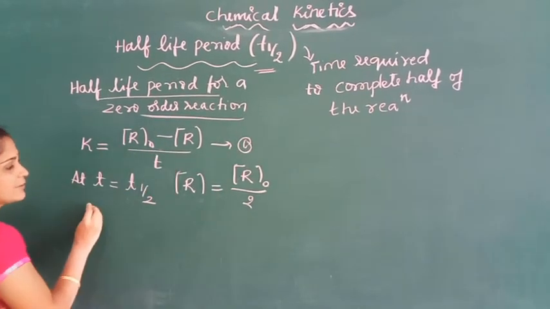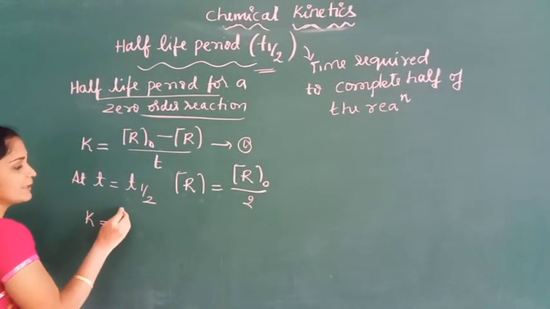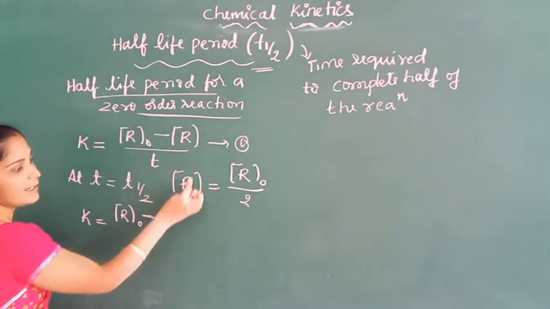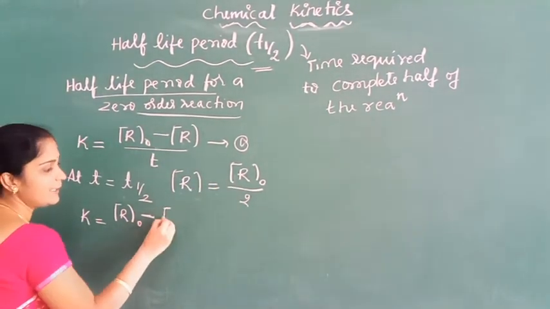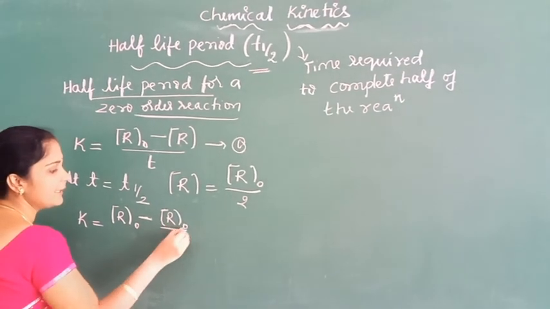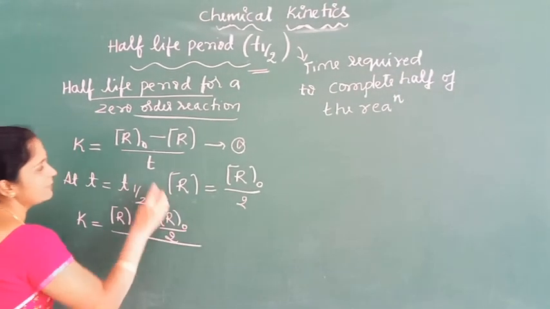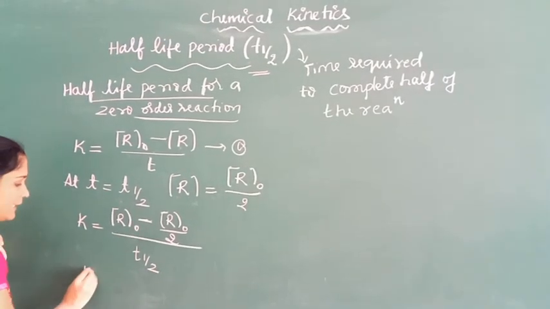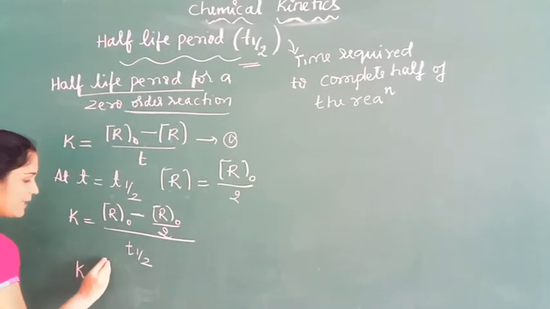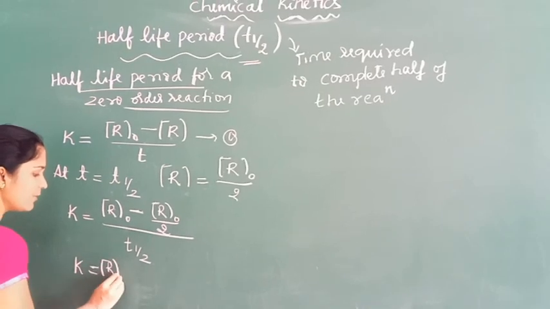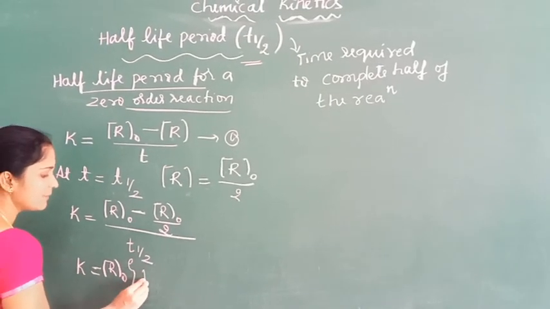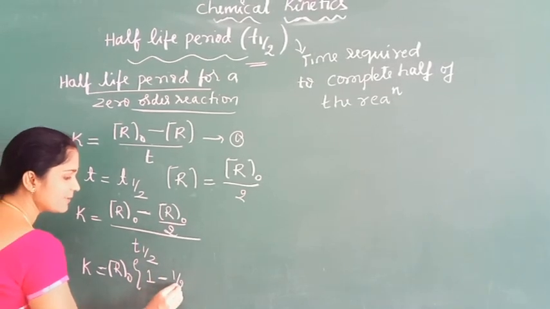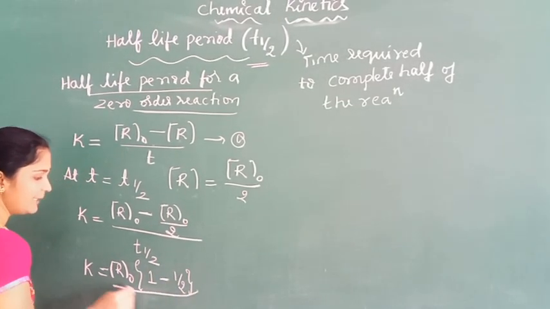We get k equals R naught minus R naught by 2, divided by t half. Here the common factor is R naught, so k equals R naught of 1 minus 1 by 2 divided by t half.